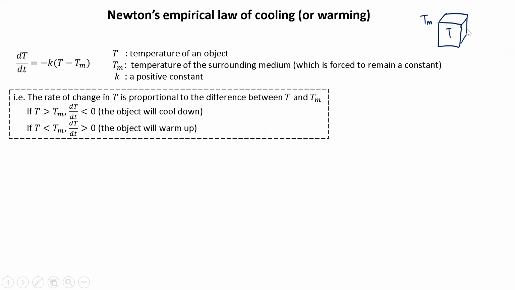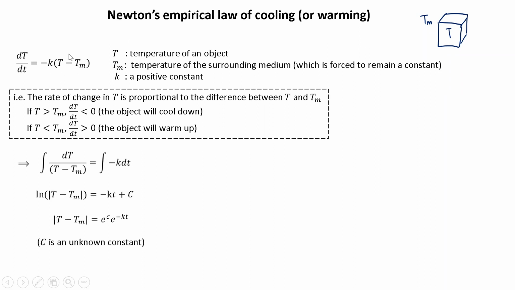That's all the description about the physics, but mathematically, this is the differential equation that we are going to solve. Now this equation itself is very straightforward, because all you need to do is just a separation of variables.